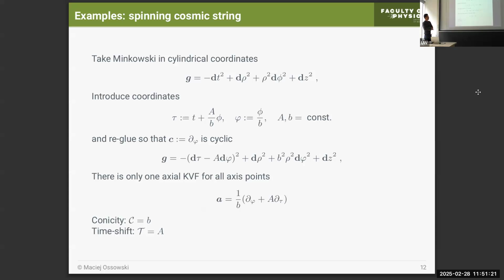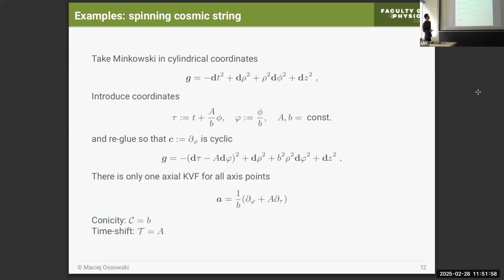And then we could introduce another set of coordinates, which is tau and curly phi. In those coordinates, we assume that we reglue the spacetime such that not this original phi is a periodic coordinate, but that this new curly phi is the angle. So basically what I'm saying is that d over d curly phi is now cyclic.